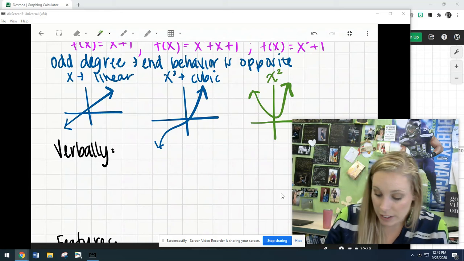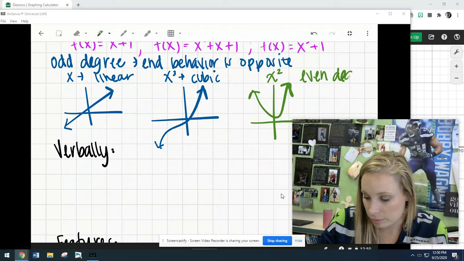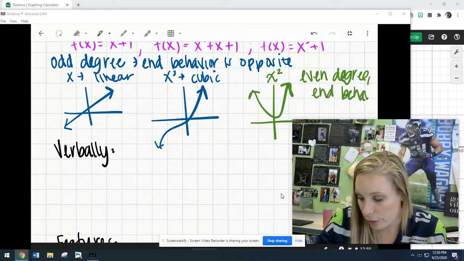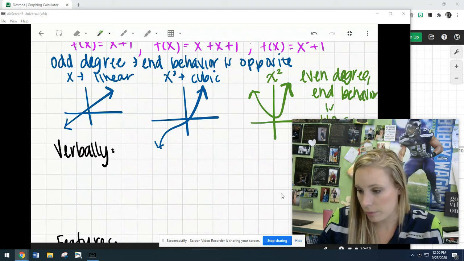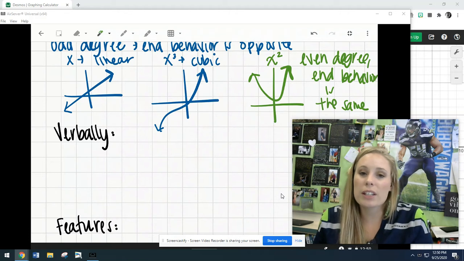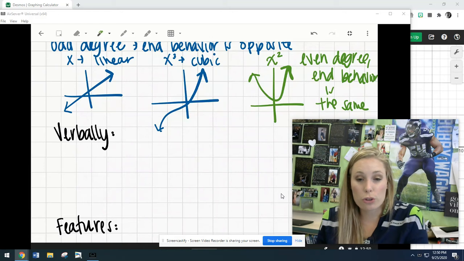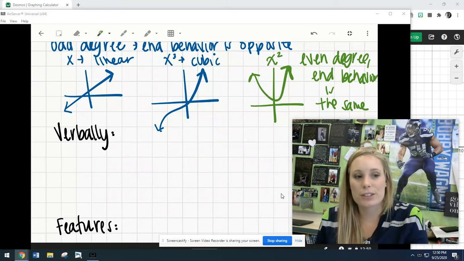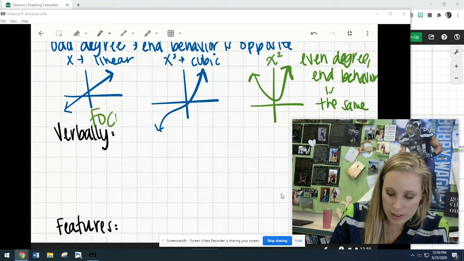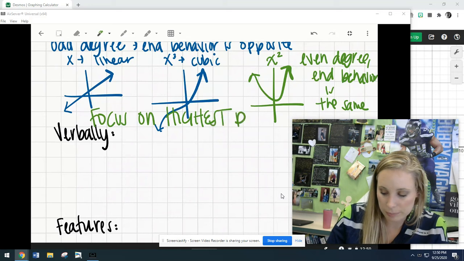So if you have an even degree, the end behavior is the same. Now here's the deal. A polynomial is going to have mixed degrees, so you have to focus on the highest degree.